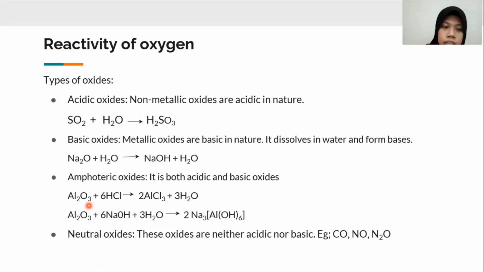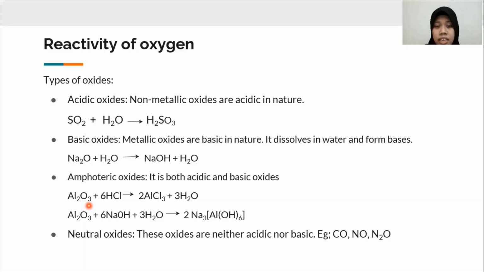The second one is Al2O3 reacting with 6 NaOH and also 3 molecules of water to produce 2 Na3Al(OH)6. So both produce a salt product.